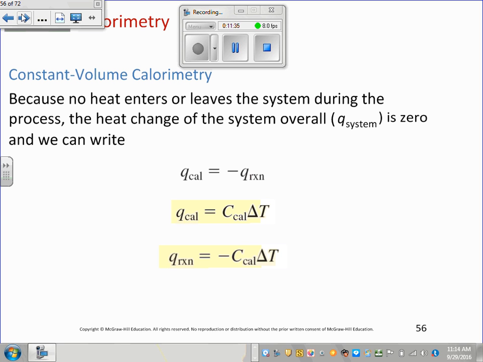So we can look at the heat of the calorimeter is equal to C, the heat capacity of the calorimeter, times delta T. So the heat of the reaction is equal to negative the heat capacity of the calorimeter times the temperature change. So you measure the heat capacity of the calorimeter.